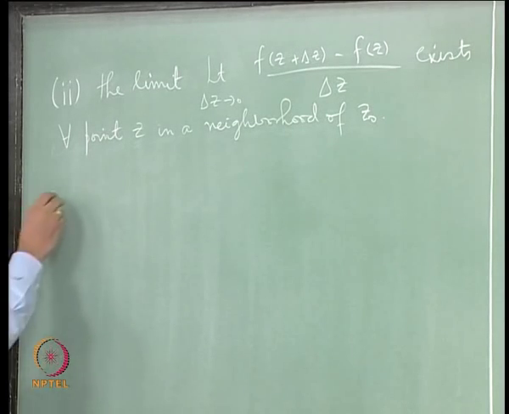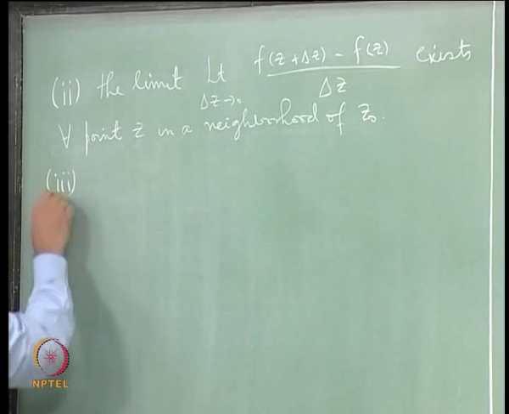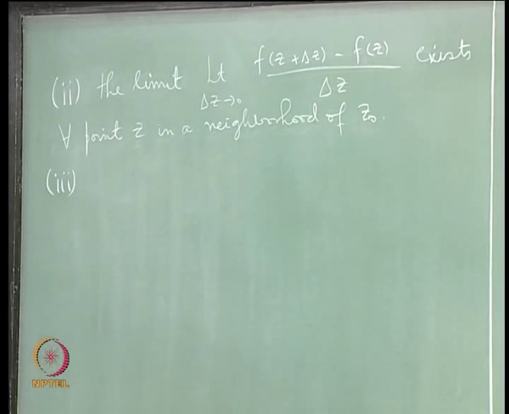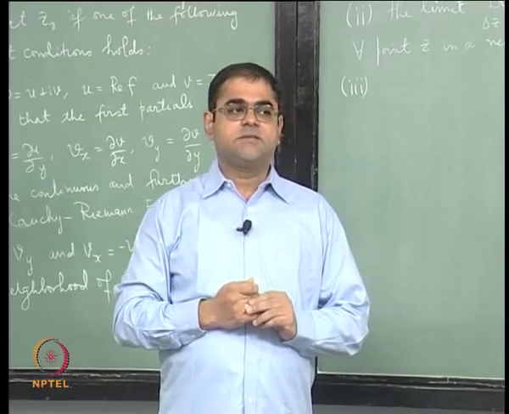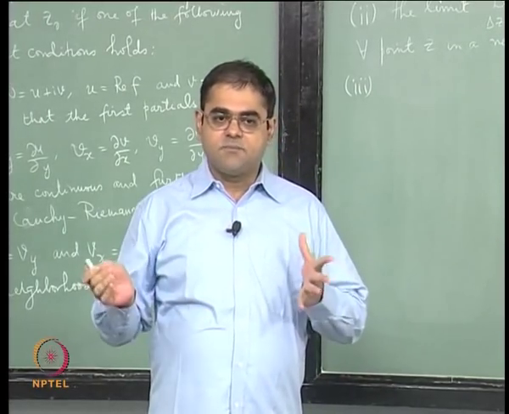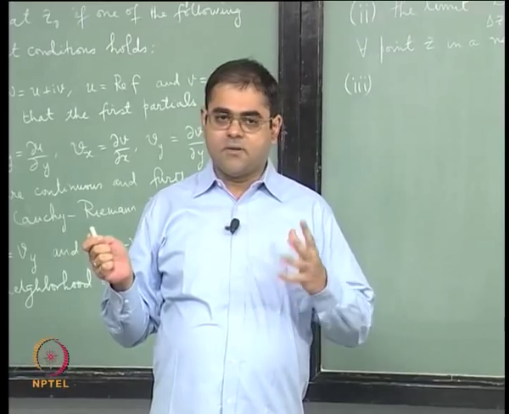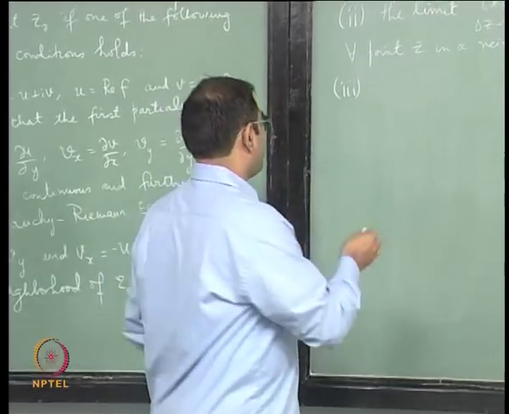And then the third condition, which is also often adopted, is that the function is represented by a convergent power series in a neighborhood of the given point z0. So let me write that down.